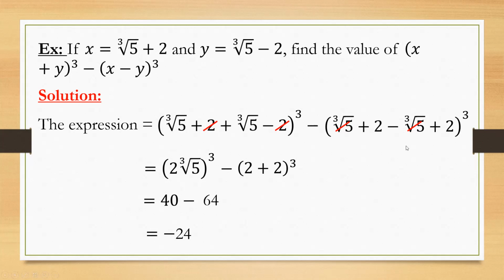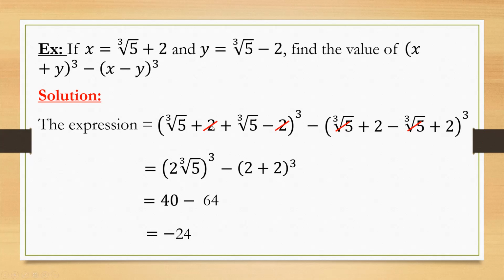X is cubic root 5 plus 2. I write it minus, and I multiply by negative all the numbers in y. Negative multiplied by cubic root 5 will be negative cubic root 5. And negative multiplied by negative 2 will be positive 2, all power 3.